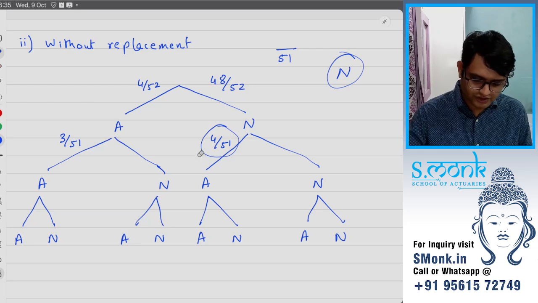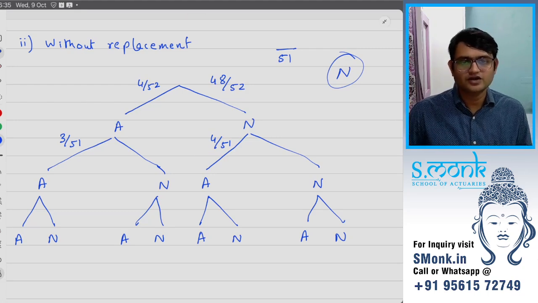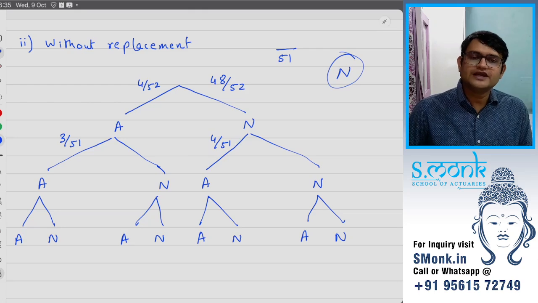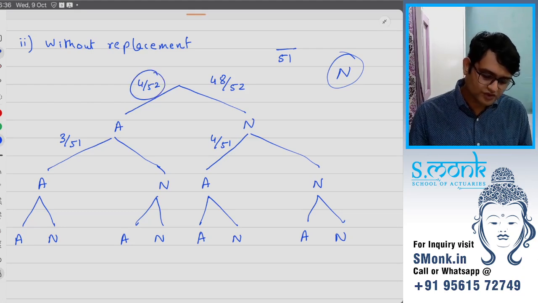Right? So irrespective of whether we got an ace or whether we did not get an ace in the first card, probability of getting an ace in the second card is not same as probability of getting an ace in the first card. It was 4 by 52. The denominator definitely changed.